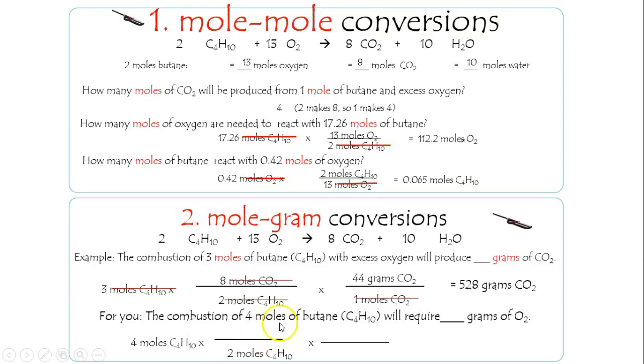Every 2 moles of butane requires 6.5 times as many moles of oxygen, and every mole of oxygen, canceling those units, has a mass of 32 grams. Punch it all in after canceling your units like a good person, and you get 832 grams of oxygen are required for this chemical reaction. That's mole to mole and mole to gram conversions.